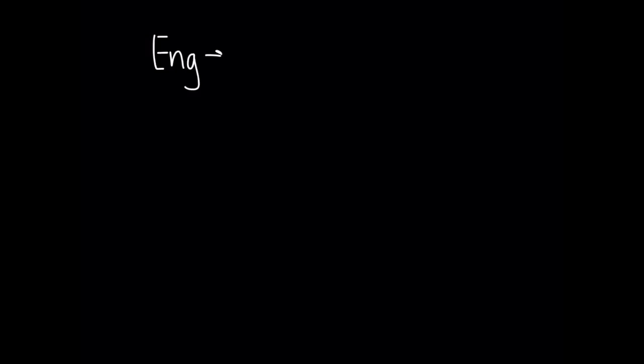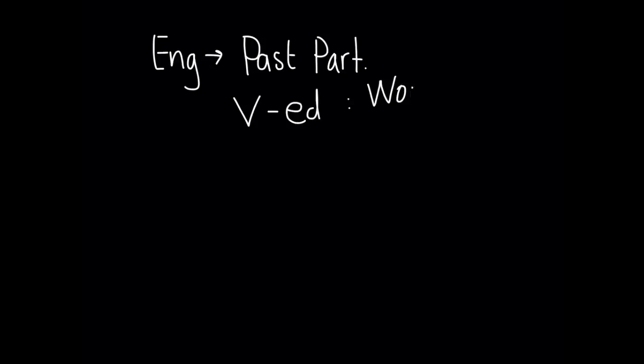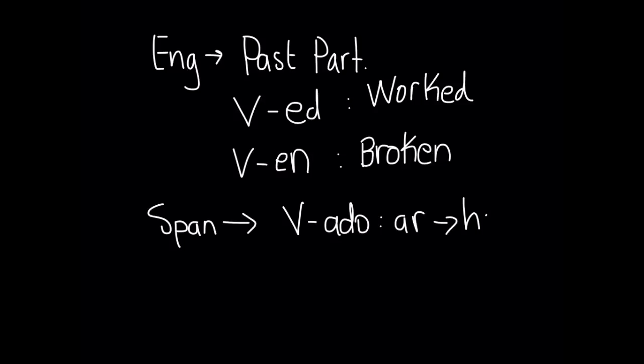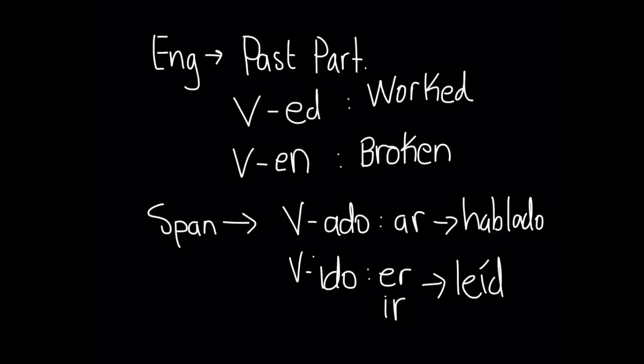In English, past participles are basically the equivalent of the verb ending in ed, as in worked, or en, as in broken. In Spanish, the ending ado is the ending for AR verbs, hablado, and ido, the ending for ER and IR verbs, such as leído.